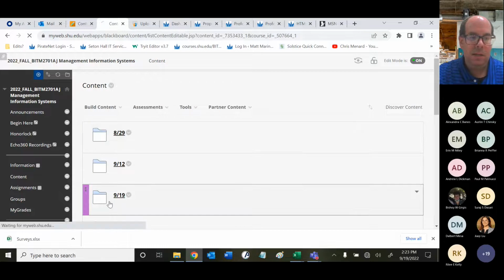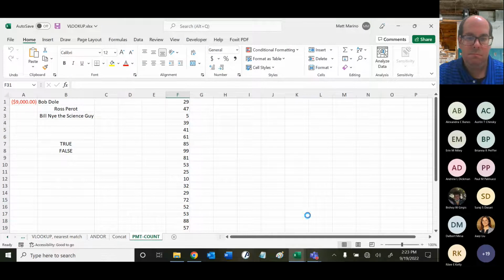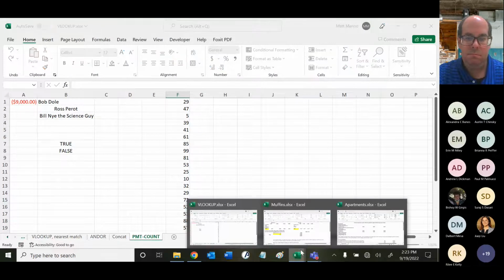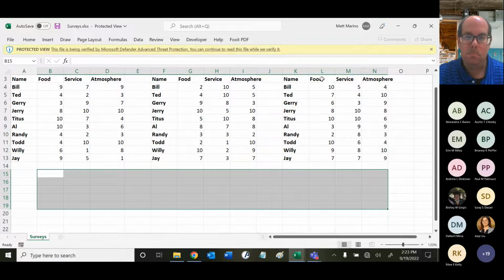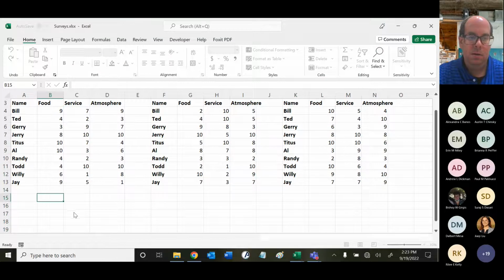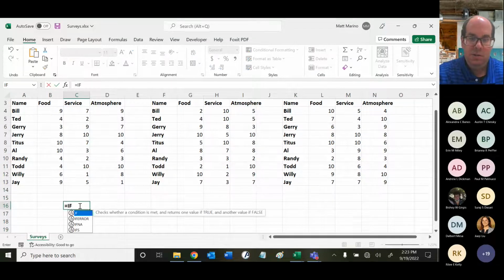So let's go back to that example, the surveys. So all you would do is use an IF function. So whatever it was, C7 greater than 8.